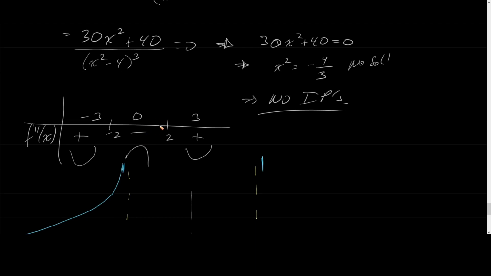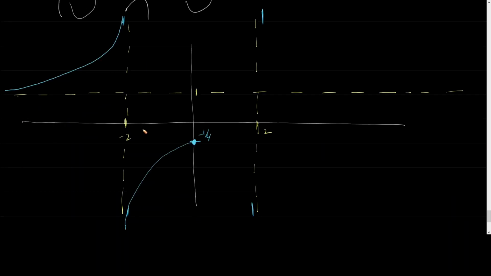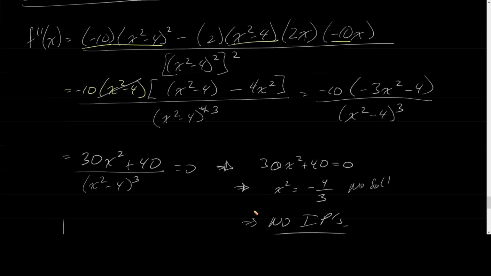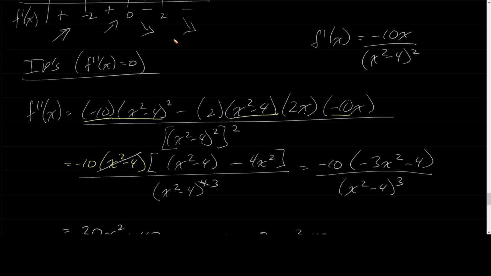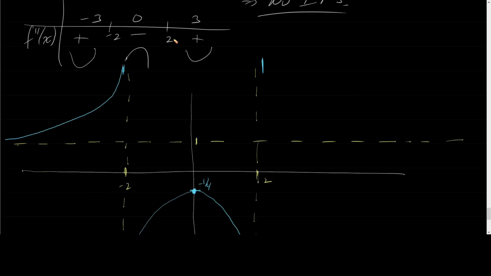Decreasing with negative concavity, and it has to approach negative infinity there at 2. And then after that, we still have decreasing, but now we've got it with a positive concavity.